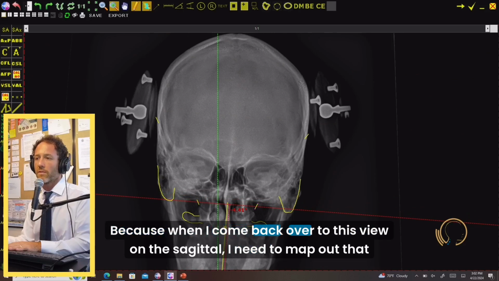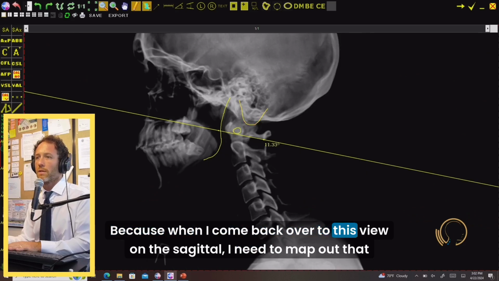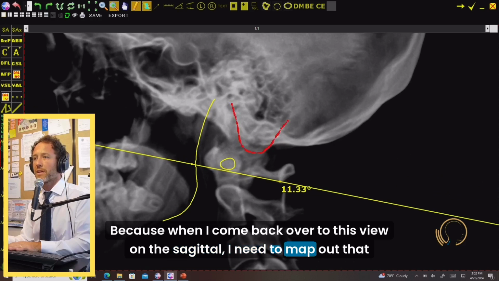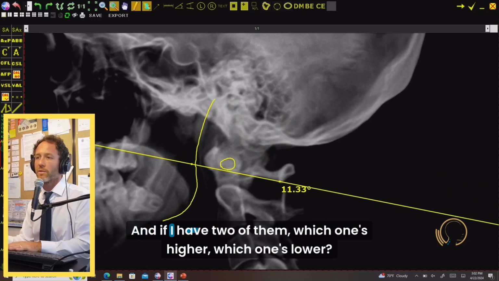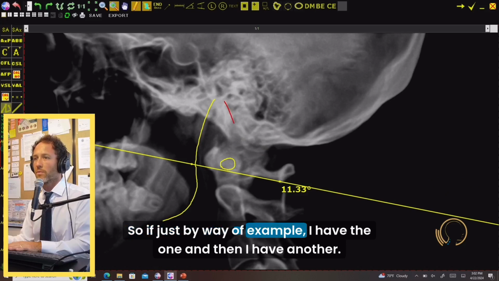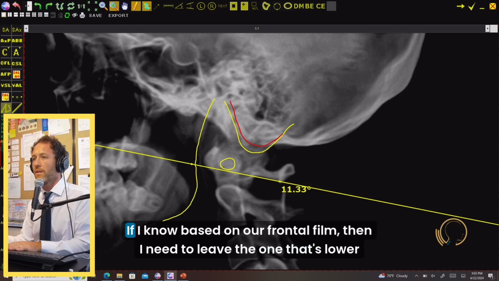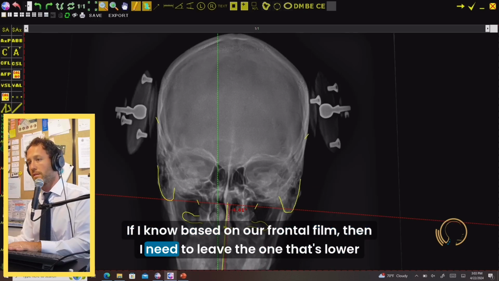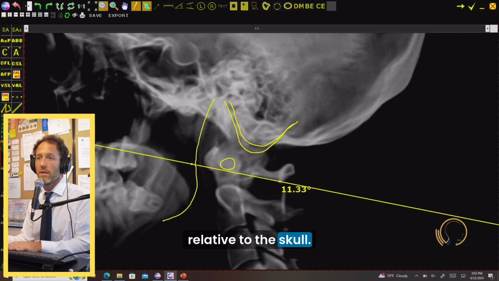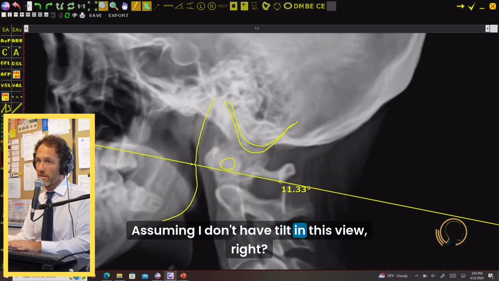Because when I come back over to this view on the sagittal, I need to map out that mastoid process, and if I have two of them, which one's higher, which one's lower? So just by way of example, if I have the one, and then I have another, based on our frontal film, I need to leave the one that's lower relative to the skull, assuming I don't have tilt in this view.